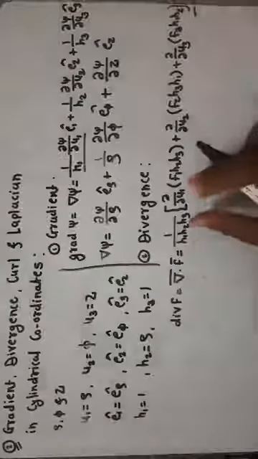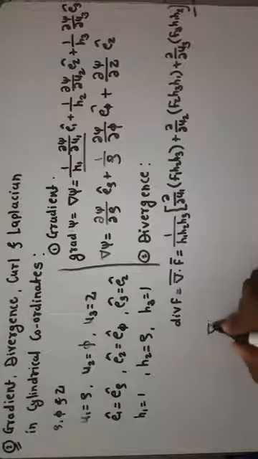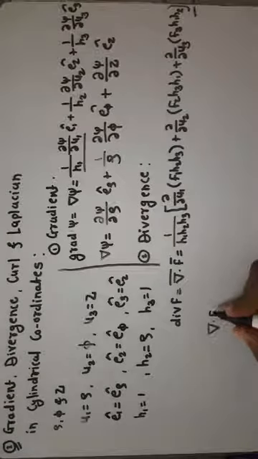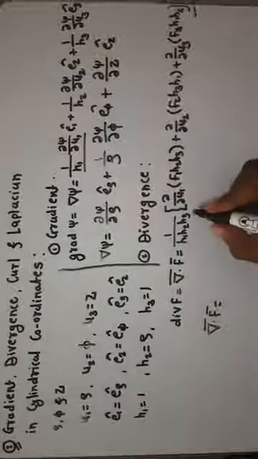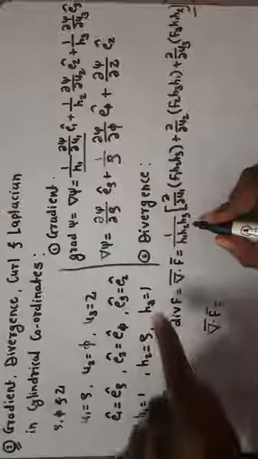Use that here. Divergence of f bar is equal to 1 upon h1 h2 h3. h2 means rho, h1 and h3 mean 1.